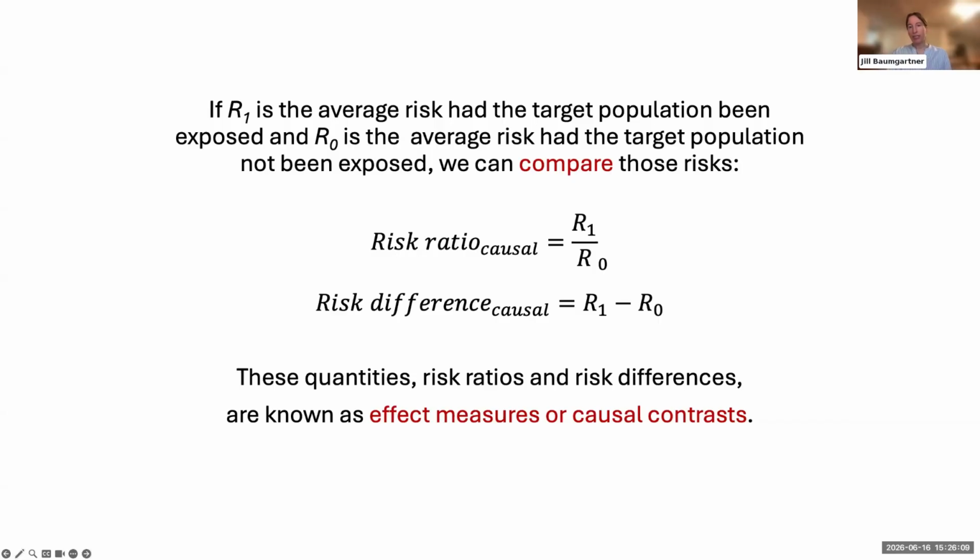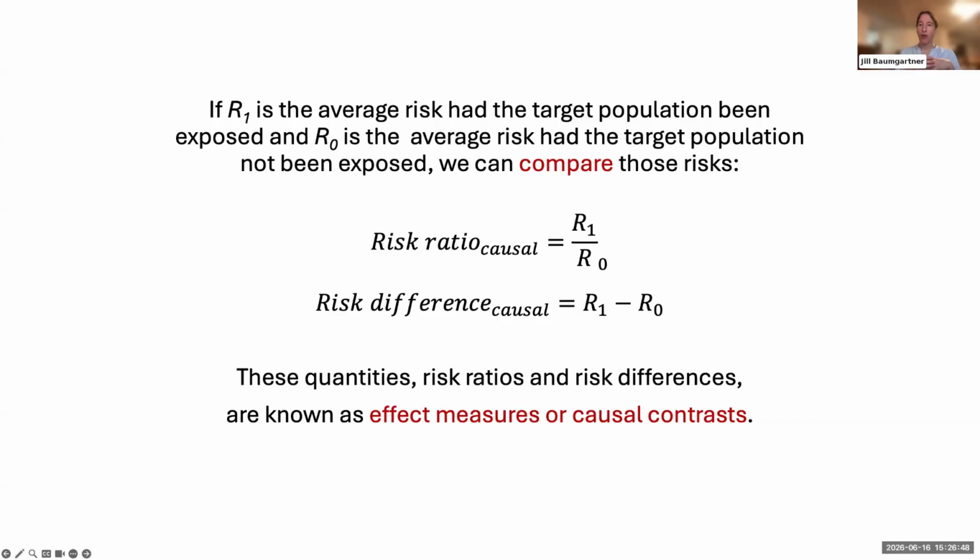And these two quantities allow us to define measures of effect. We have the risk ratio, which compares risks on a relative scale by dividing our R of one, the risk when that population is exposed to the wildfire, by R naught, when they weren't exposed to the wildfire. And we also have the risk difference, which compares risks on an absolute scale rather than a relative scale by subtracting our risk under the unexposed scenario from our risk under the exposed scenario.